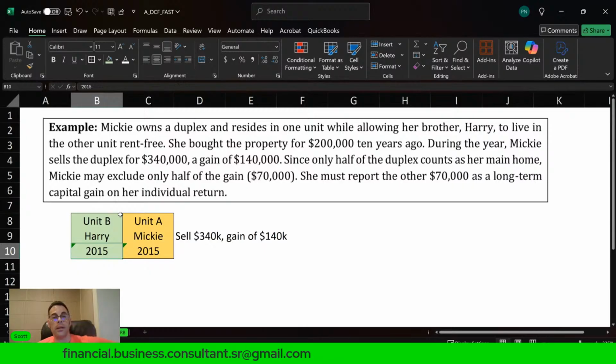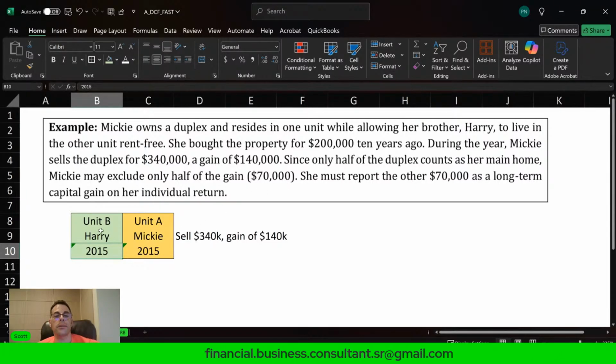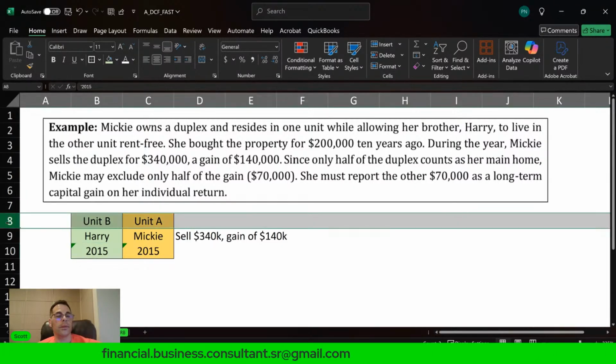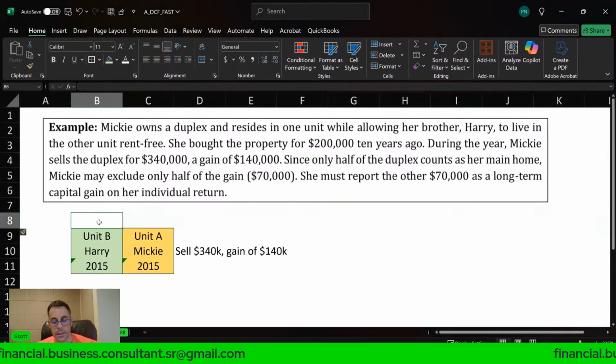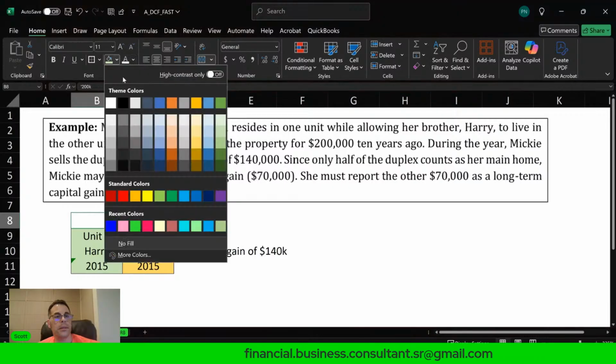So she lets her brother live in the unit for free. She bought the property 10 years ago for $200,000. I guess she bought the entire property for $200,000.